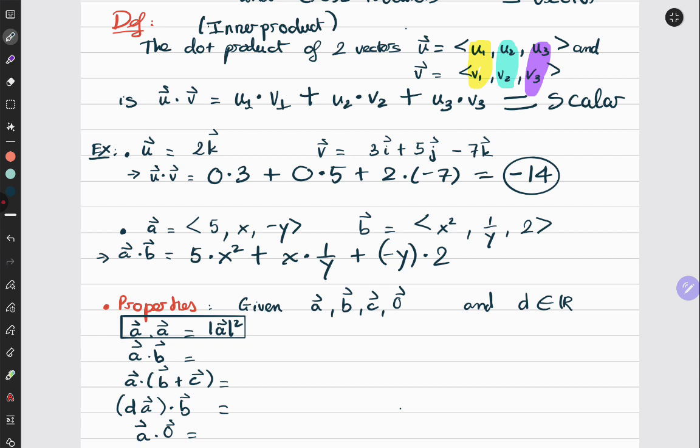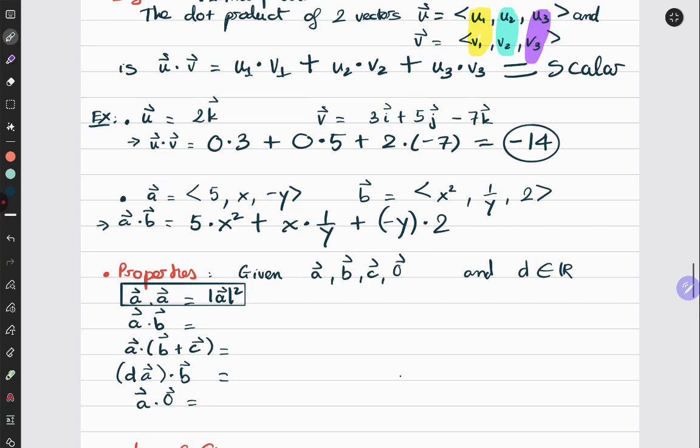The dot product also has the commutative property. That means you can flip it. A times B equals B times A. No, A dot B equals B dot A. I'm sorry, I'm trying not to use the word times. A dot B equals B dot A.